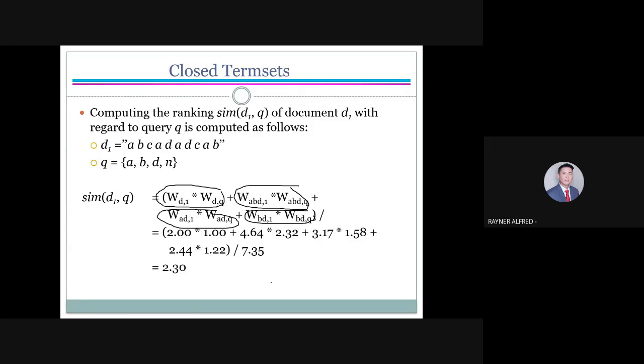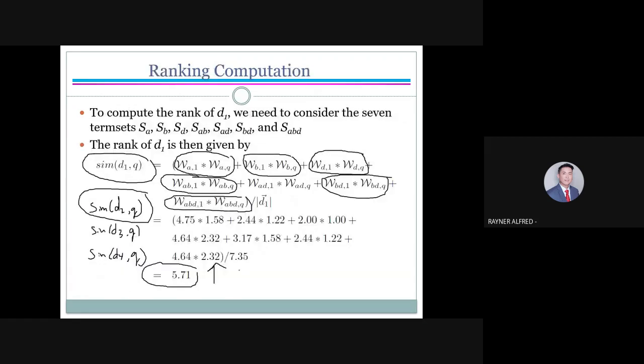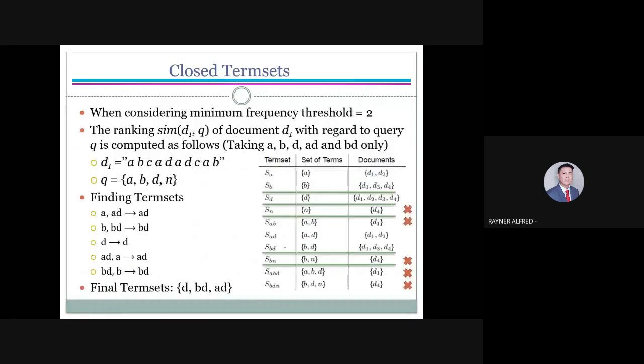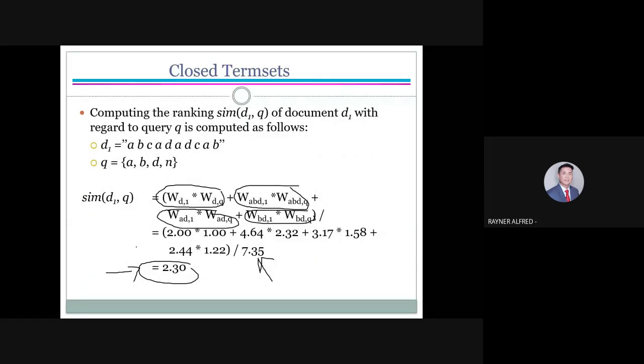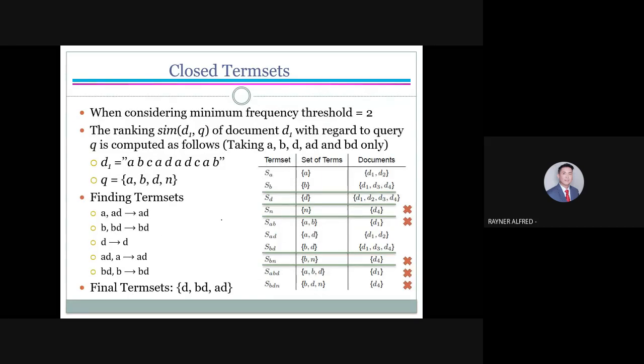And this is the length of the document, and we get this value. It does not mean that this is lower than this one, because this one we use 7 weightage and this one we use only 4. So we reduce the number of weightage to be considered.